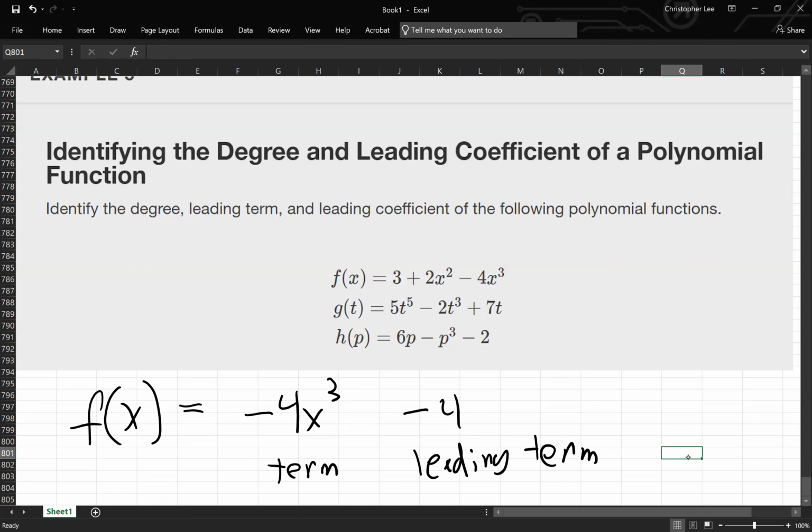Okay. And what about the coefficient? All right. So I guess we're done with that one. What about g of t?